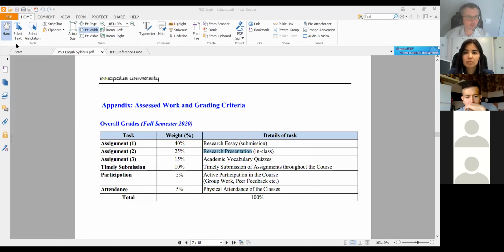Okay, Nur Sultan does not have access to the course in Moodle. I will send this syllabus to the Telegram group, so that everybody will have access to the syllabus.